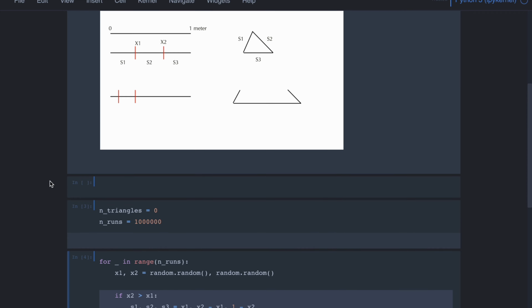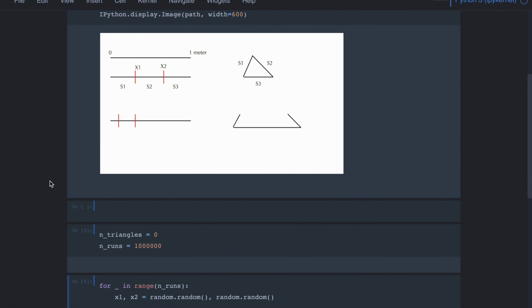Now we need to check if these three segments can form a triangle. For three lines to form a triangle, the condition is that the sum of every two segments should be greater than the third segment.